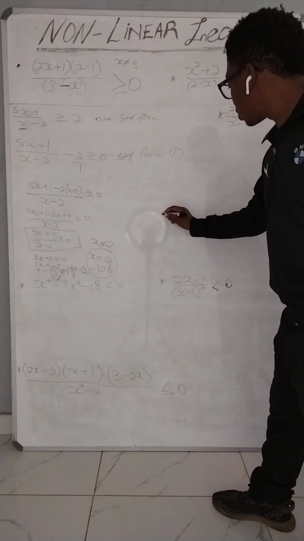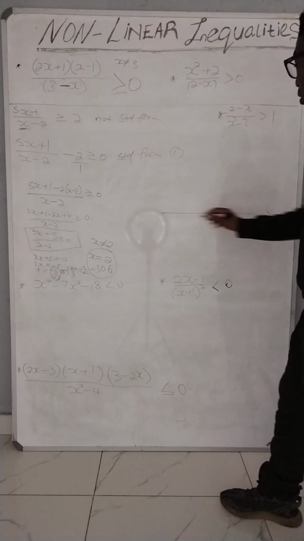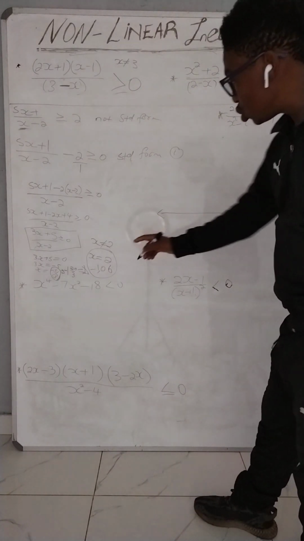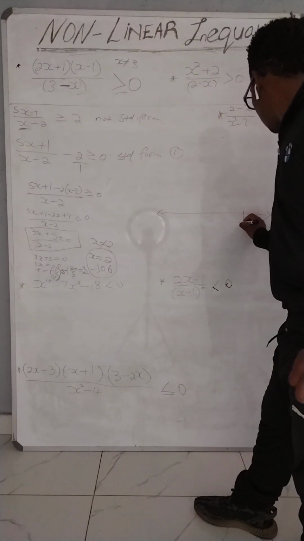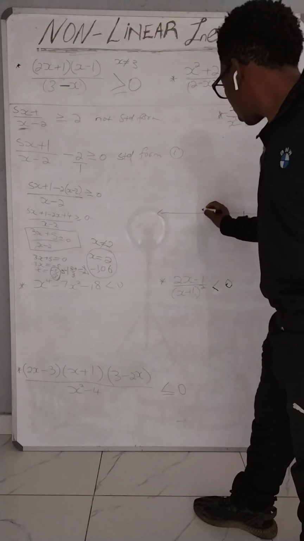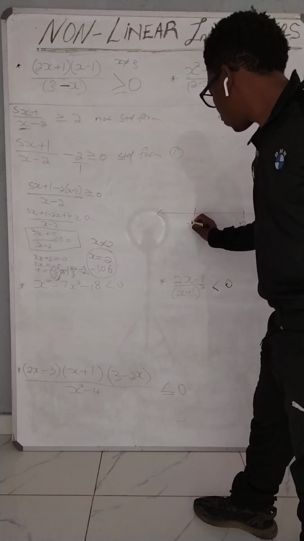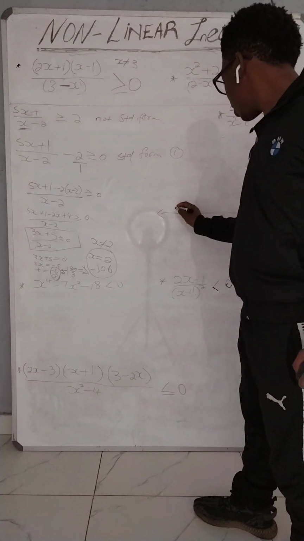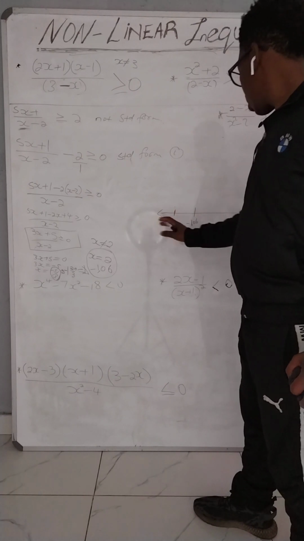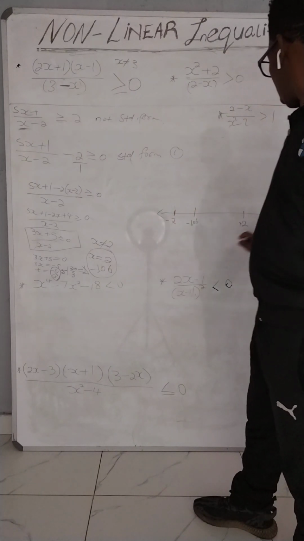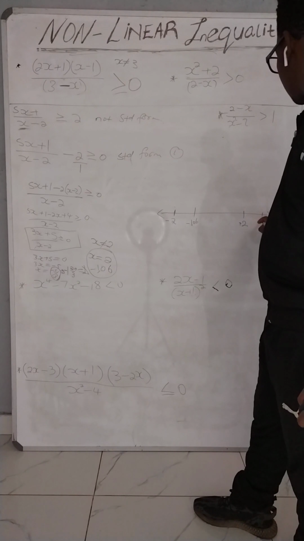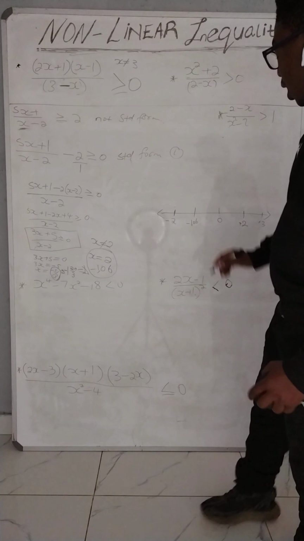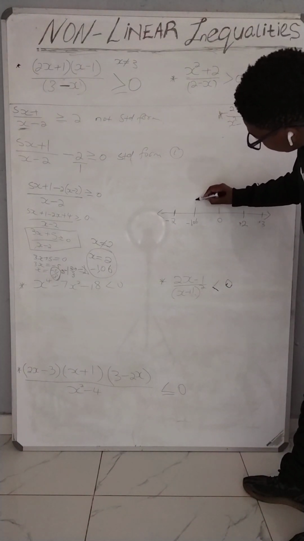Now we are going to do our number line, and we have two values. Let's say we have our positive 2 here, and then we have our negative 1.06 here, and then let's say here we'll have a negative 2, and here a positive 3, and somewhere we'll have a 0, but our values are these.